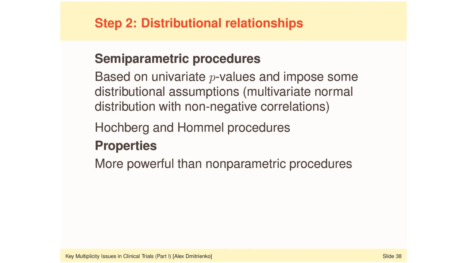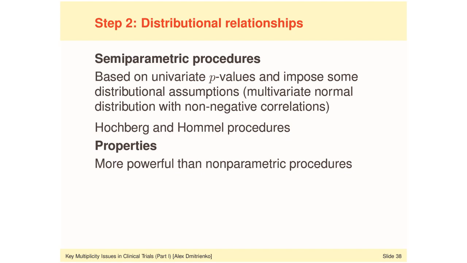Semiparametric procedures serve as a more powerful alternative to basic nonparametric procedures. They're also based on univariate p-values, but unlike their nonparametric counterparts, they impose some distributional assumptions. For example, what do I mean by some?